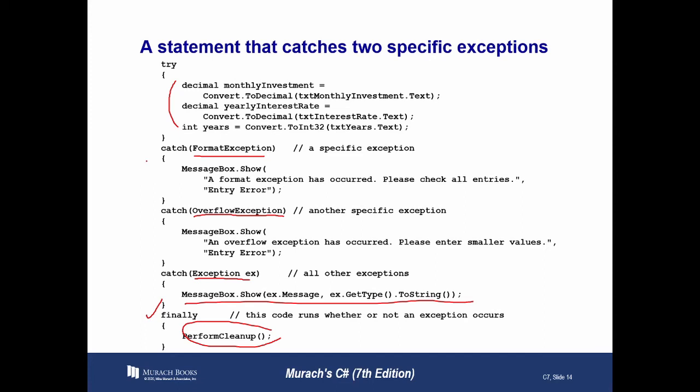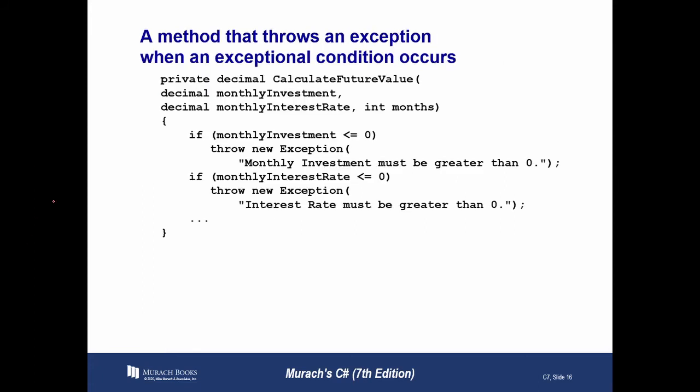Catch this. And so we can look at this, like I said, with putting it into our conditional statements too, right? Where we can say, if our monthly investment is less than or equal to 0, so it ends up being a negative number, we want to throw this new exception: this monthly investment must be greater than 0.